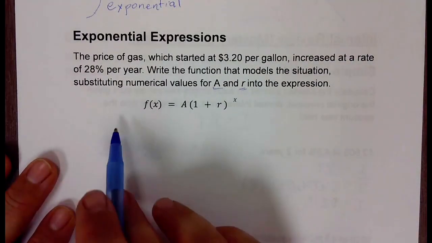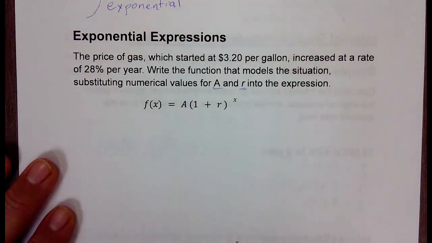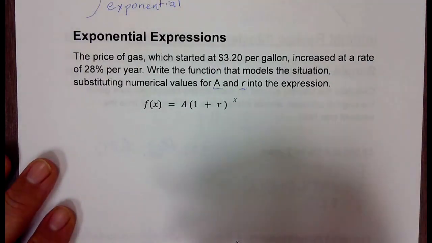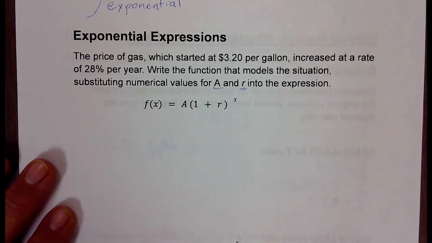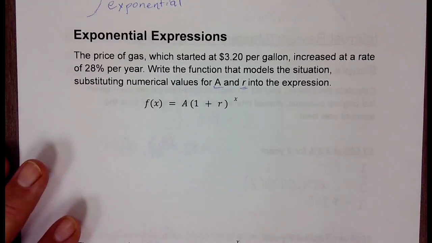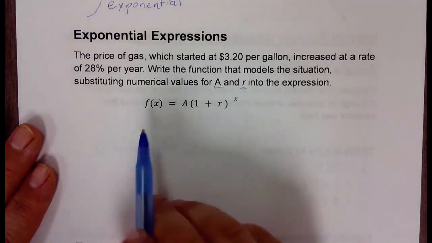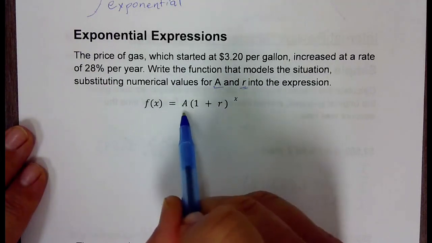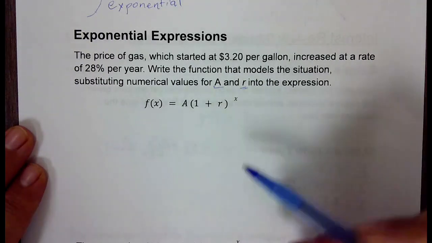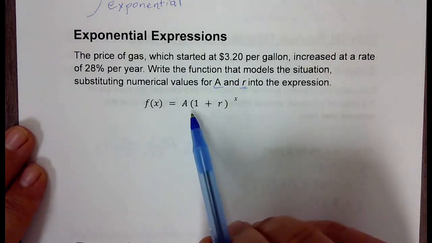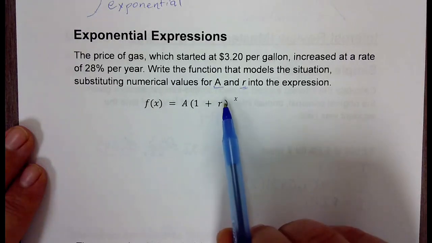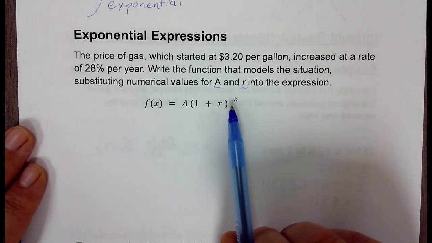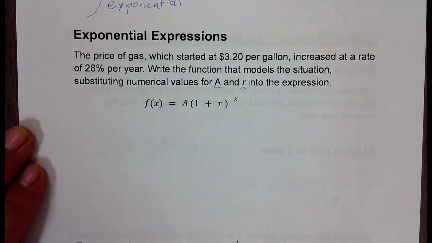Here they gave me the function or equation for exponential growth, just general exponential growth, not specifically compound interest. So here I have the function of x, or the total at the end, is the amount times 1 plus the rate to the power of x, which is going to be the amount of time.